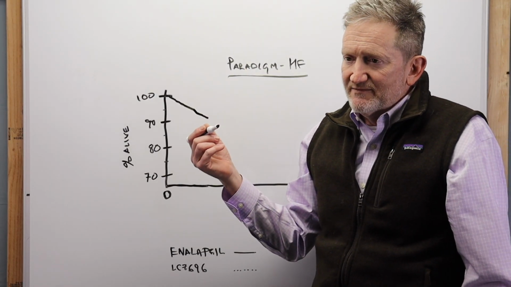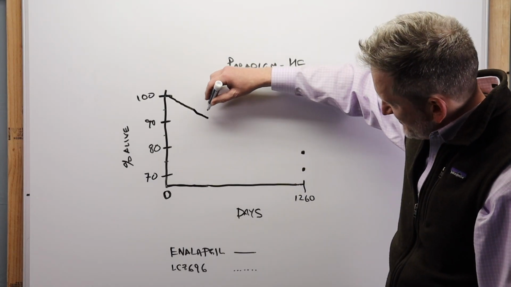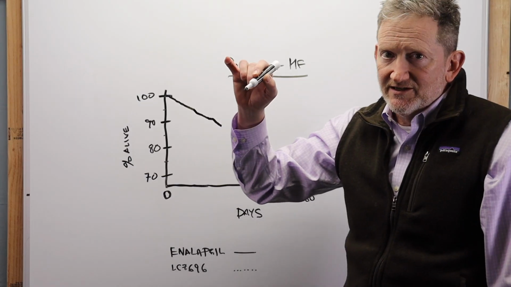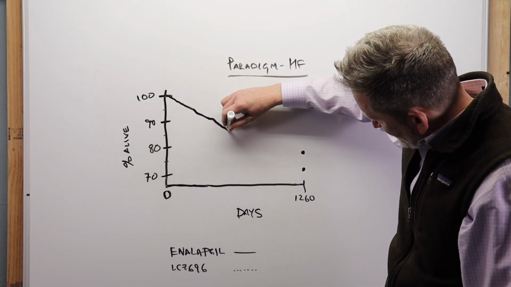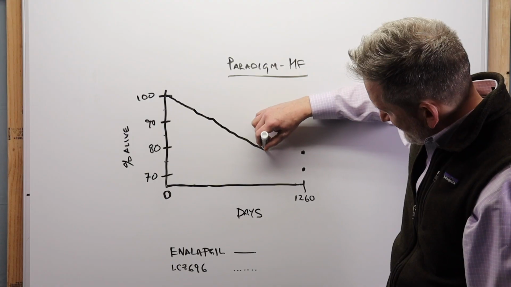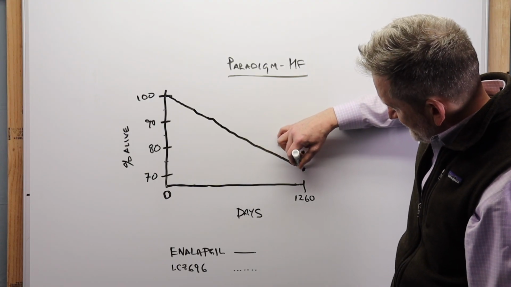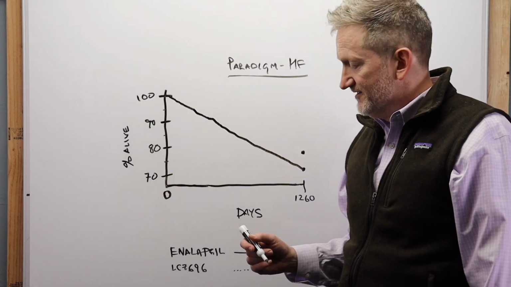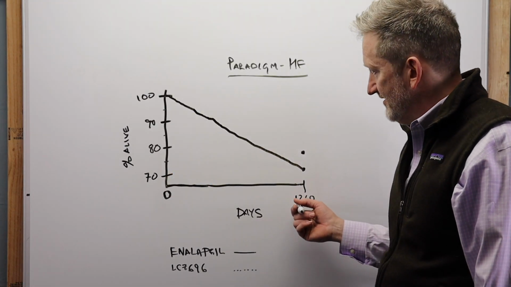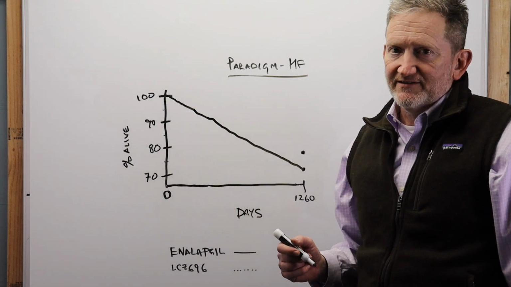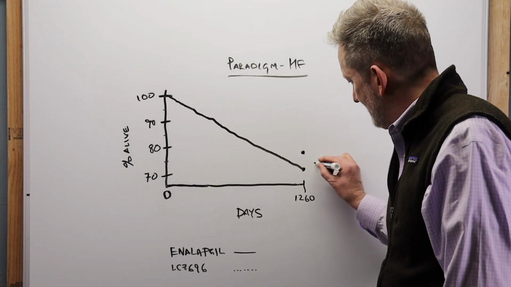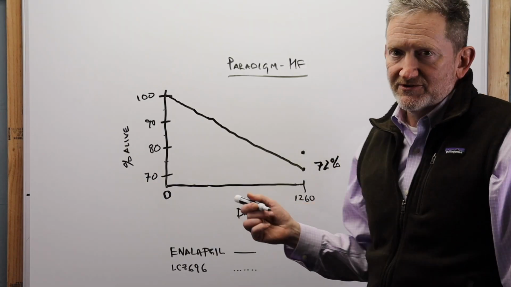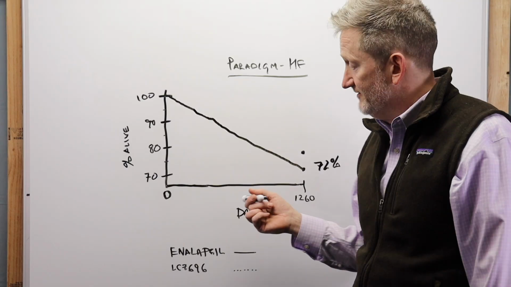If you've looked at a lot of medical research studies, this proceeded in a pretty much linear fashion, which means a straight line. And as days went by, patients continued to die intermittently of one thing and another, until finally at day 1260, 72% of them were still alive. About 3/4 of them after 3.5 years.